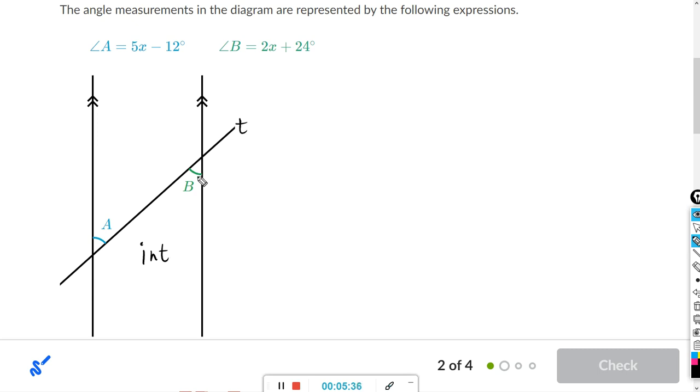B is on the bottom of line T and A is on the top of line T. So these are alternate interior. And we said before, alternate interior angles are congruent. That's the symbol for congruent. Since they're congruent, or the same measure, we set them equal to each other.